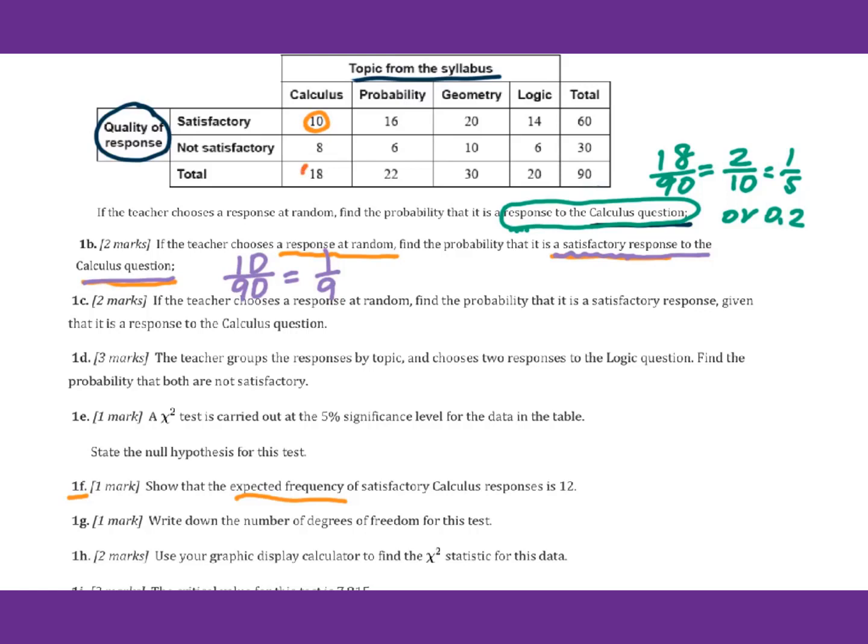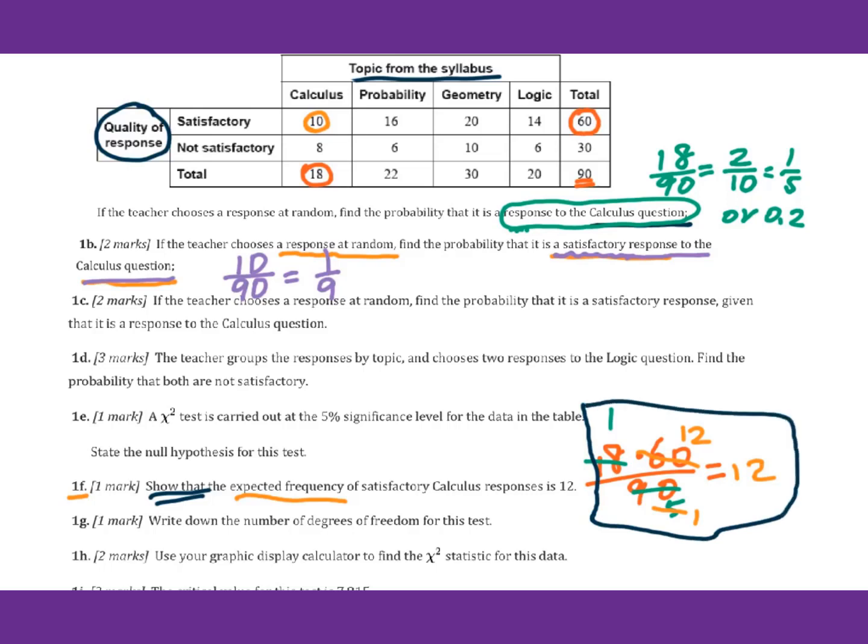We go to this total, 18 times 16, then over 90. 18 times 60 over 90 equals, reduce, you will get 12. Or you can put into calculator, get 12. For this question, when they say show that, you have to show this calculation step.